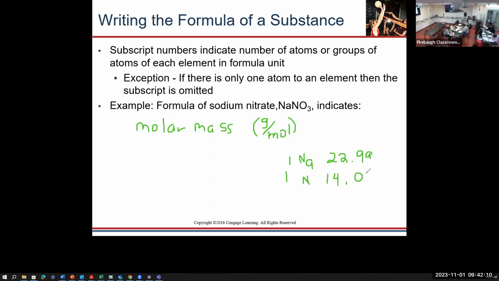And then we had three oxygens, which weighs 15.999. And we need to multiply that times 3, because there's 3 of them.